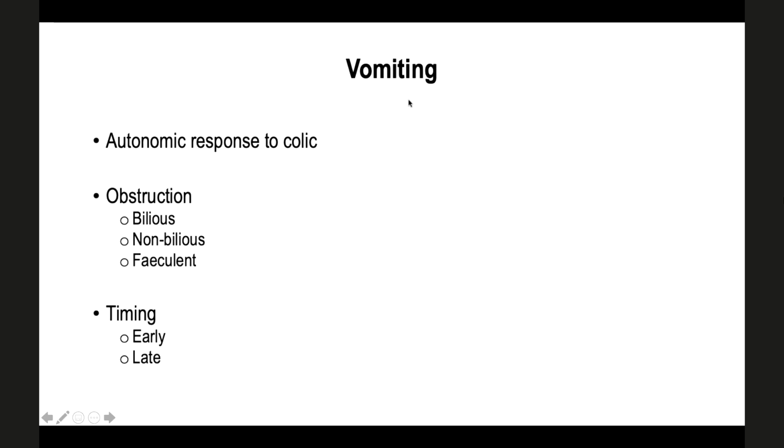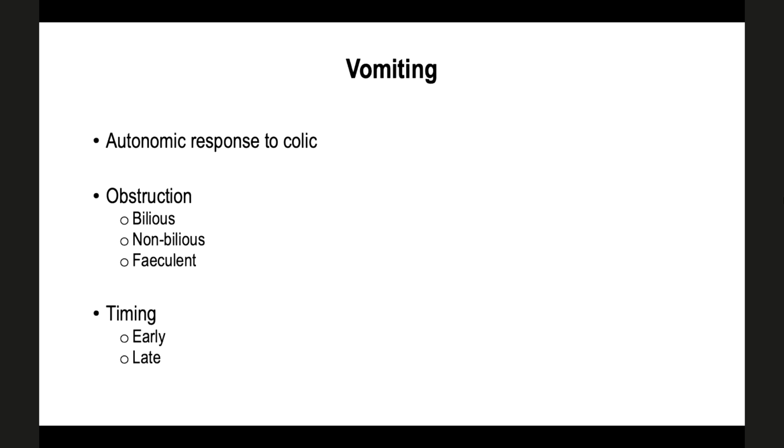Bilious vomitus maybe due to gastric outlet obstruction. Is it bilious or non-bilious due to gastric outlet obstruction? Non-bilious. Bilious is in small bowel obstructions, when the bile enters.